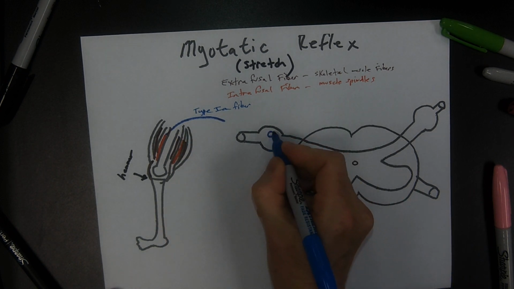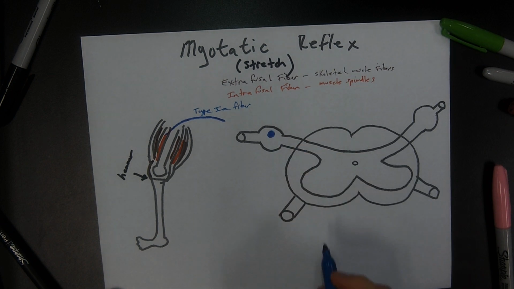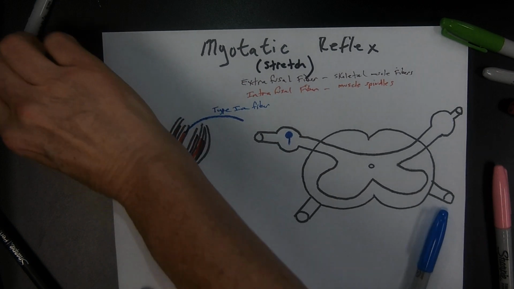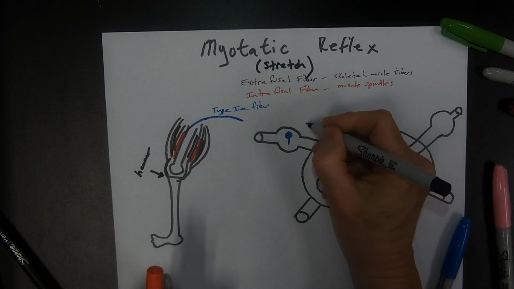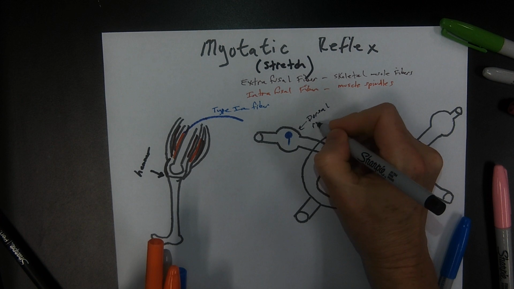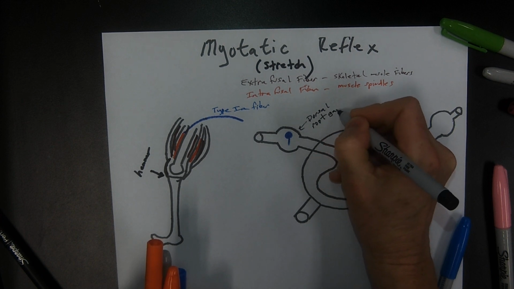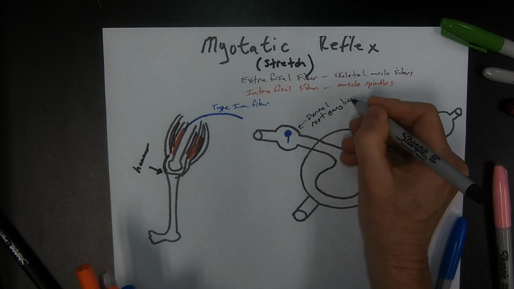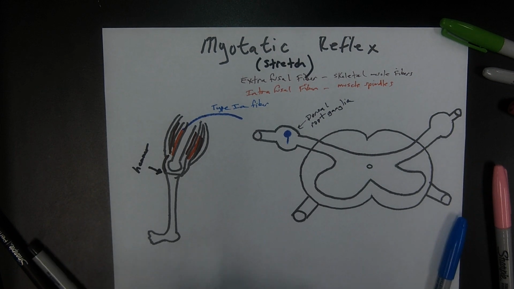And just like everybody else, you have your neuronal cell body here in your dorsal root ganglia. I'll label that. There's your dorsal root ganglia and the neuronal cell body.